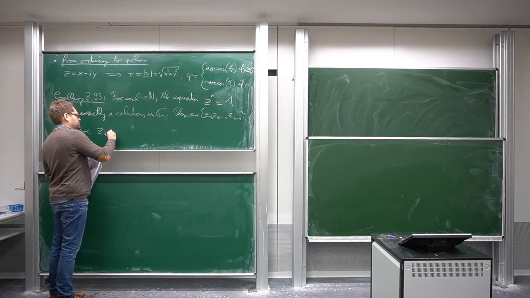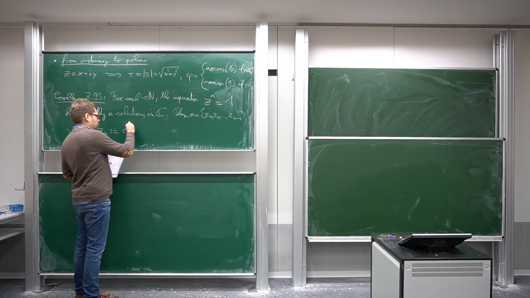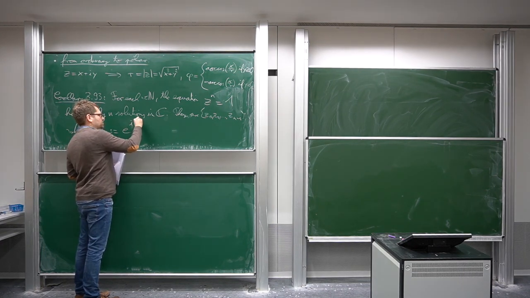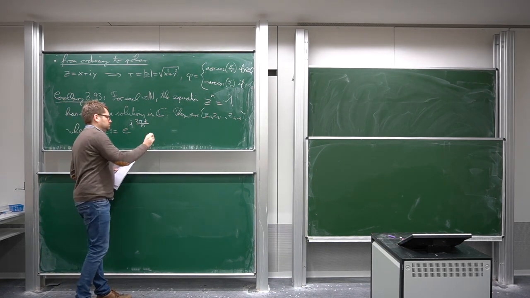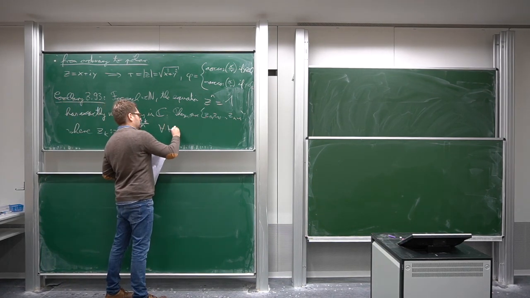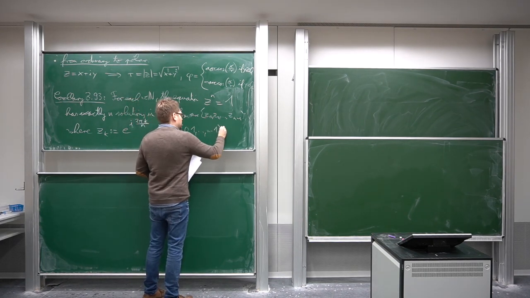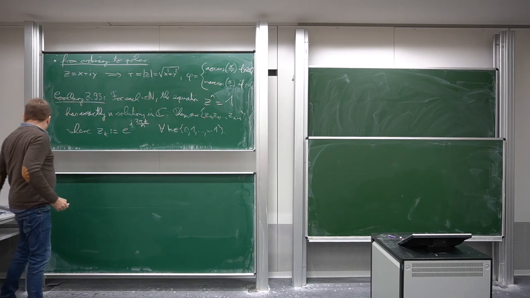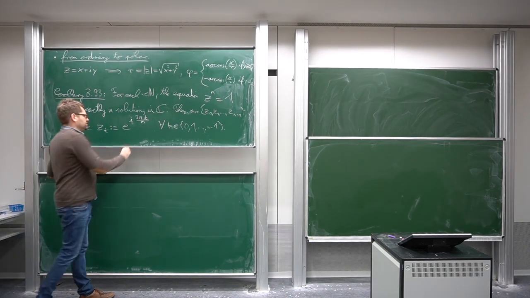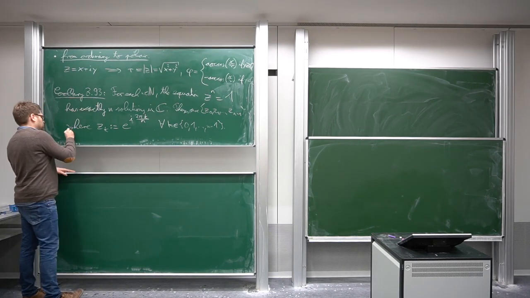Zk is simply e to the following, I times 2 pi k divided by n, for all k. And this is something you can just prove directly from the things that we've already seen in this section. So I've just put this proof in the lecture notes.